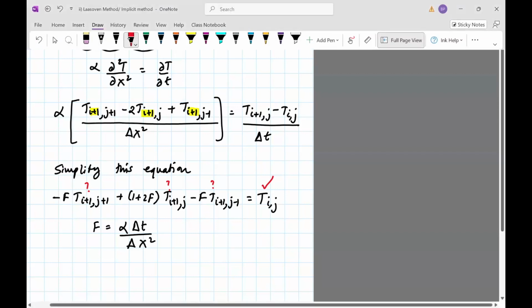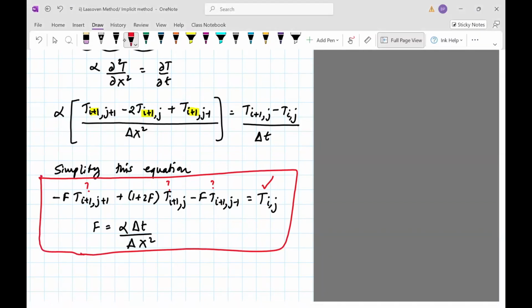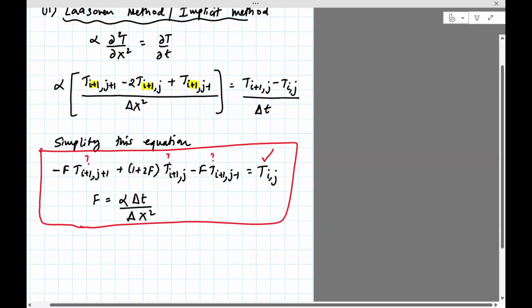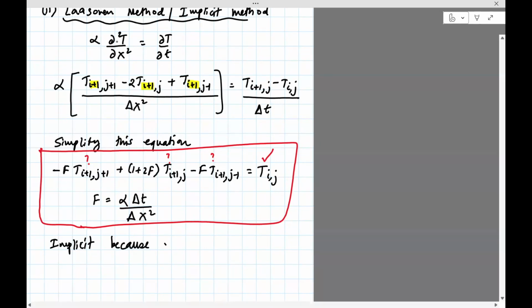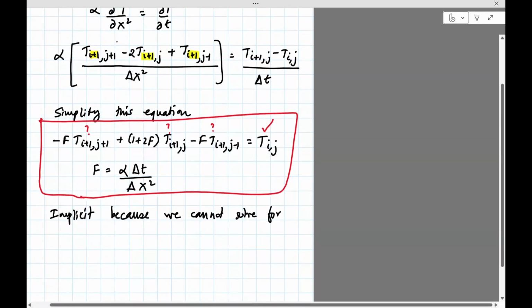So this is the equation we were after. And this is implicit because we cannot solve for T(i+1, j+1), T(i+1, j), and T(i+1, j-1) explicitly.